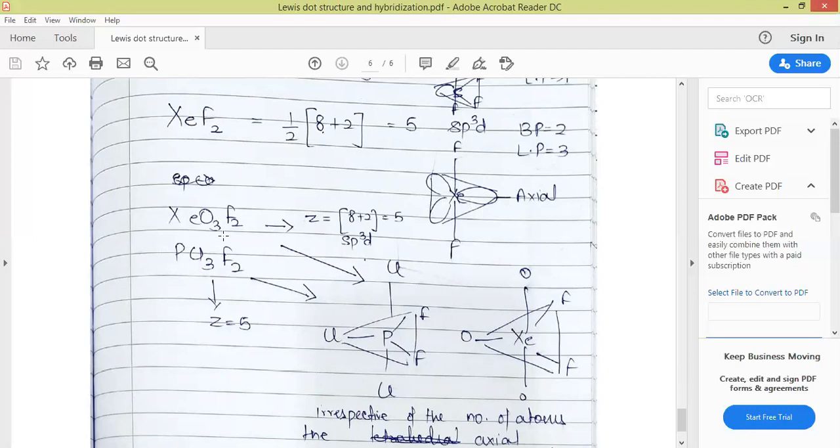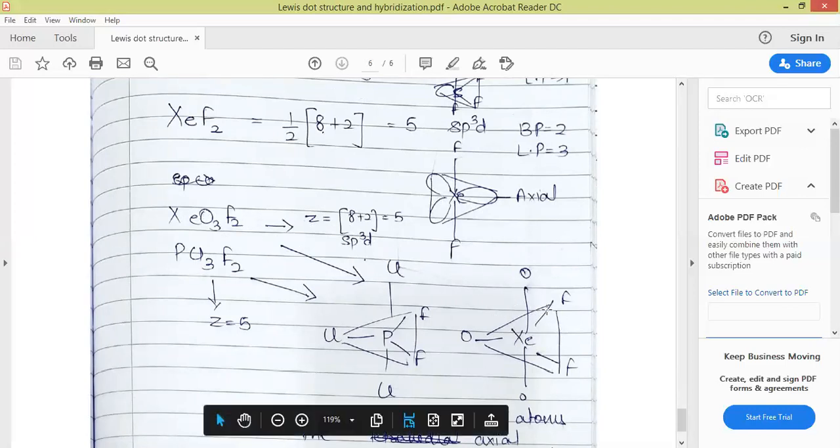This is clear from the molecule XeO3F2. Here fluorine is more electronegative than oxygen. Here Z comes out to be 5. That means sp3d hybridization, which means no lone pair is present, as all the 5 bonds are occupied by 3 oxygens and 2 fluorines. So for this molecule, the geometry is trigonal bipyramidal.